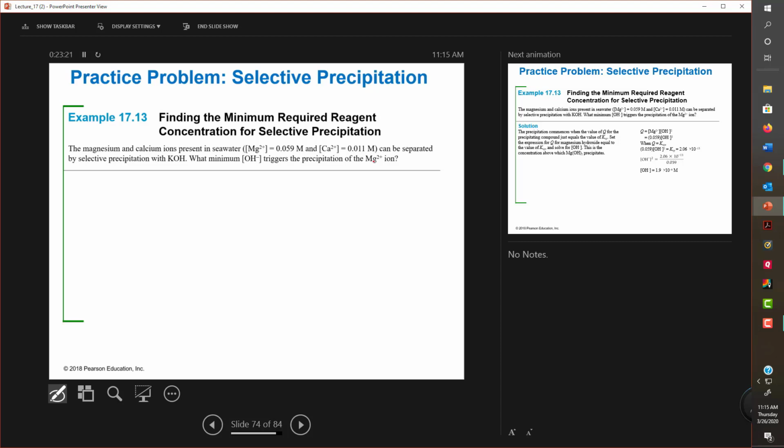My first question to you is what precipitate are we talking about, and which one of these substances is going to have the largest KSP? You could hit pause and think about it.